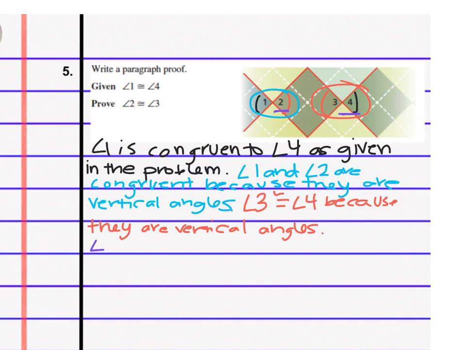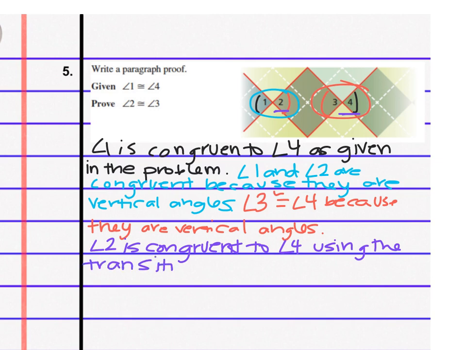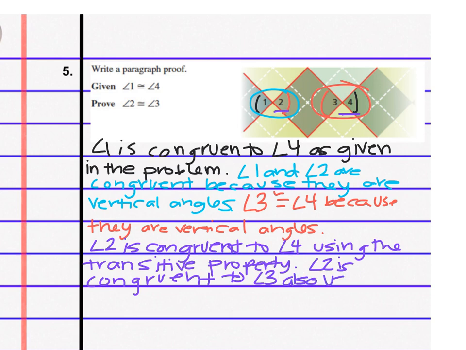So angle 2 is congruent to angle 4 using the transitive property. And angle 2 is congruent to angle 3, also using the transitive property.